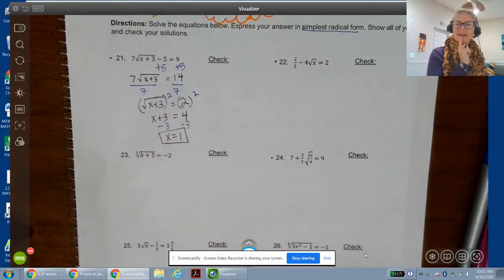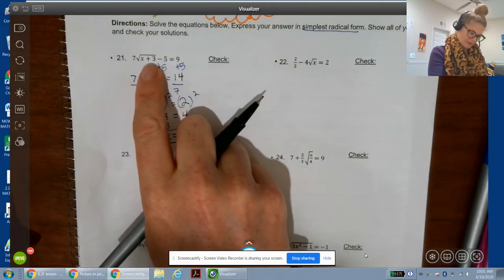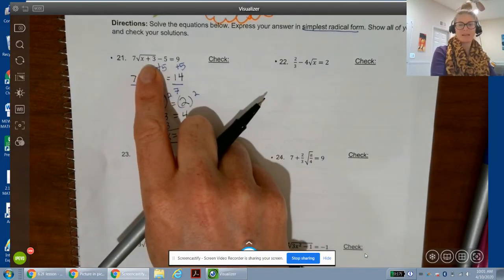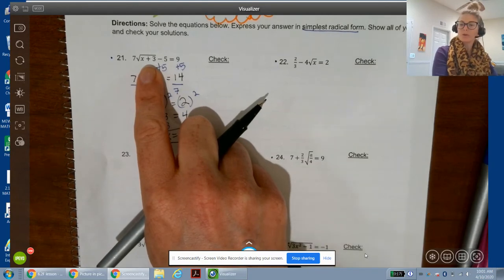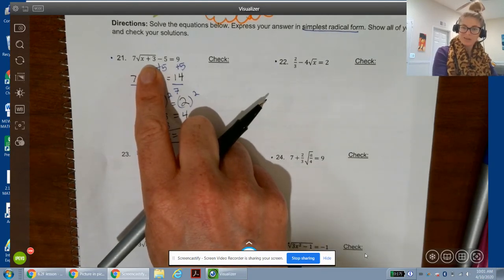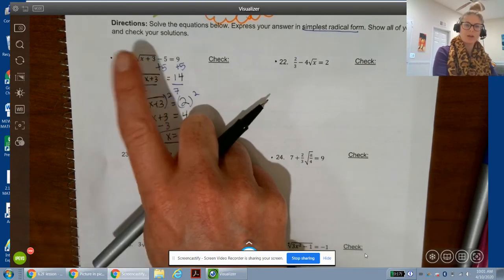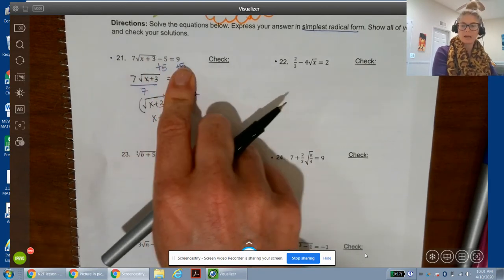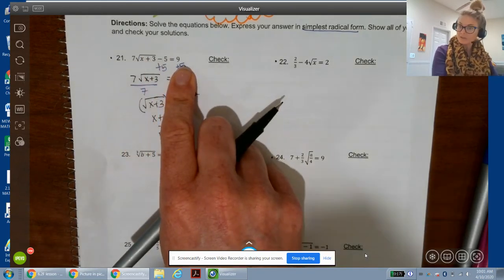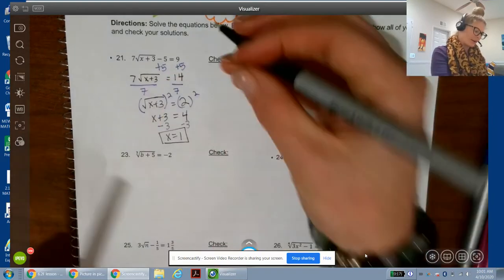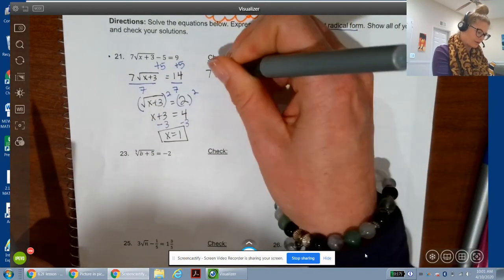Think about it. Could negative 1 also be a solution here? Well, negative 1 plus 3 would get me 2. Square root of 2. That's going to be irrational. There's no way I can take an irrational number, multiply it by 7, subtract 5, and get a whole number. In fact, a natural number. So let's do our check. 7 square root.